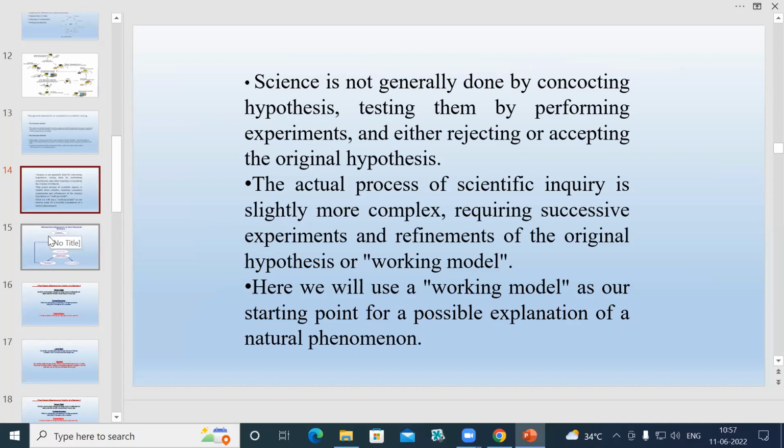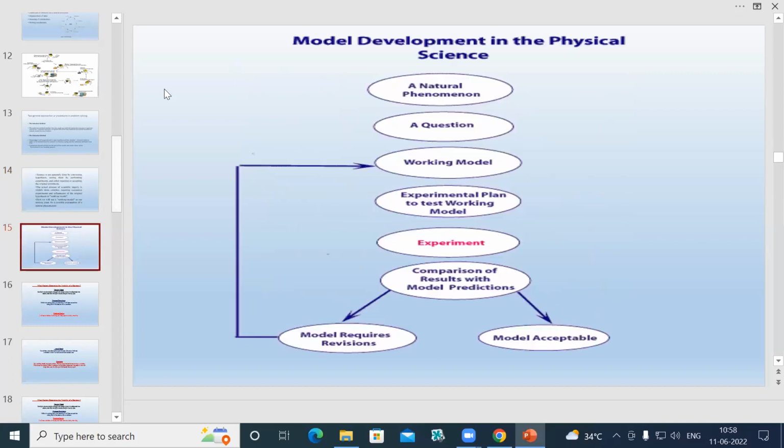The actual process of scientific inquiry is more complex, requiring successive experiments and refinements of the original hypothesis or working model. So let me give an example of this problem solving. Please come to the next slide.